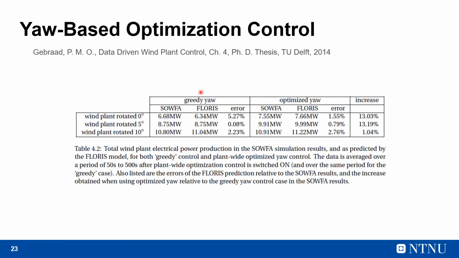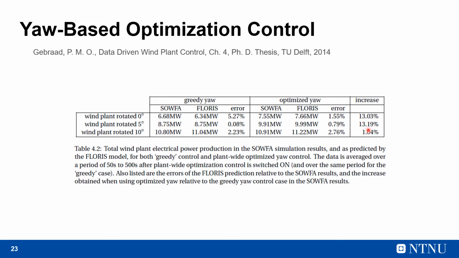Looking at what this means in numbers, we see that with greedy yaw settings, SOFA predicted a power of 6.68 megawatts for the 0 degree case, while FLORIS predicted 6.34 megawatts. With the optimized yaw settings, SOFA predicted 7.55 megawatts and FLORIS predicted 7.66. So based on the SOFA predictions, we see that there is a 13% increase when we use the optimized yaw settings.